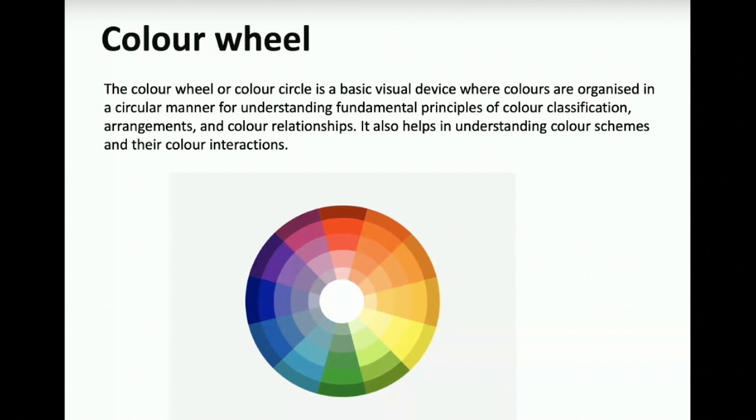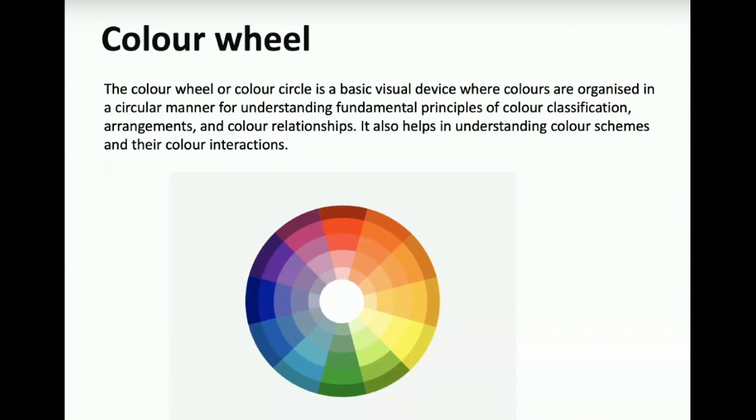It is a function of research, which we will not be going into. But what you need to understand is that every color that you see in this world actually comes from the color wheel.